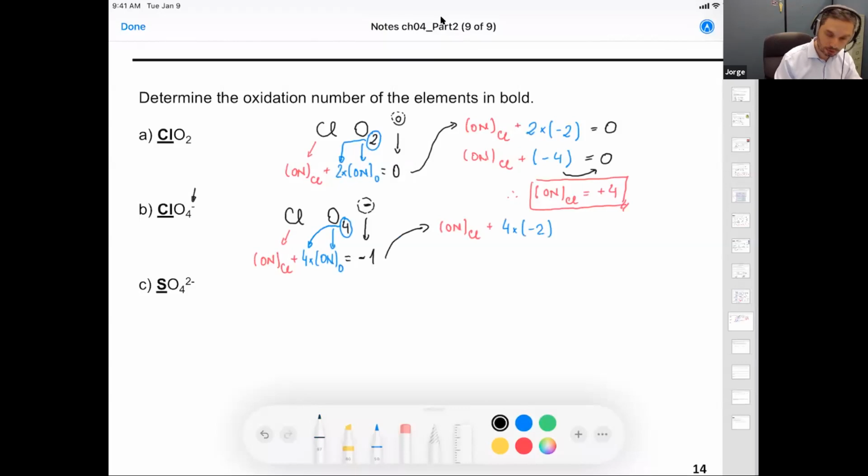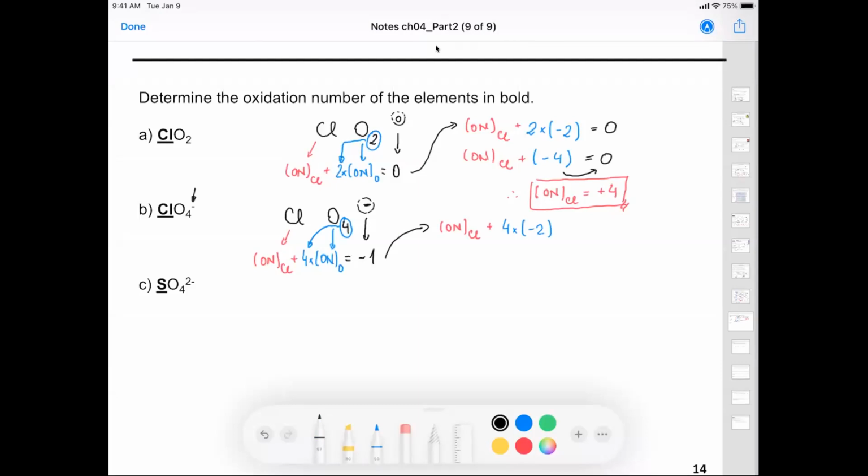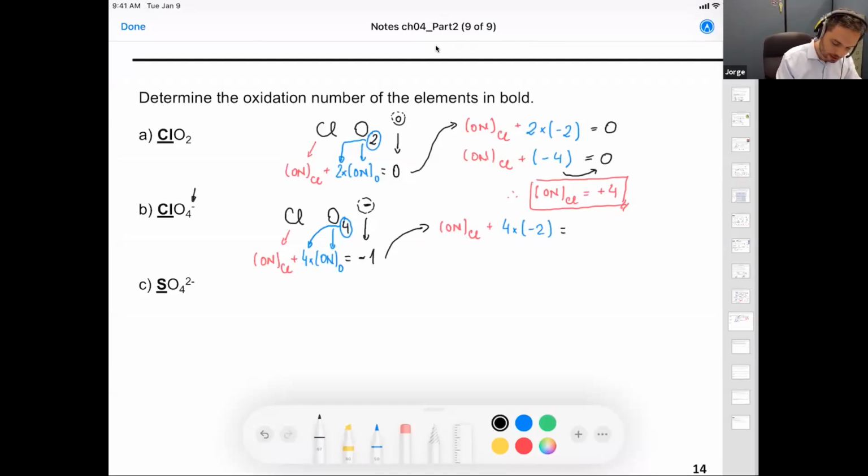That's from rule number 4, right? And attention here, because now there is a charge outside of the compound, the sum has to be -1. Always follow the rules, and that will lead you to the correct answer.